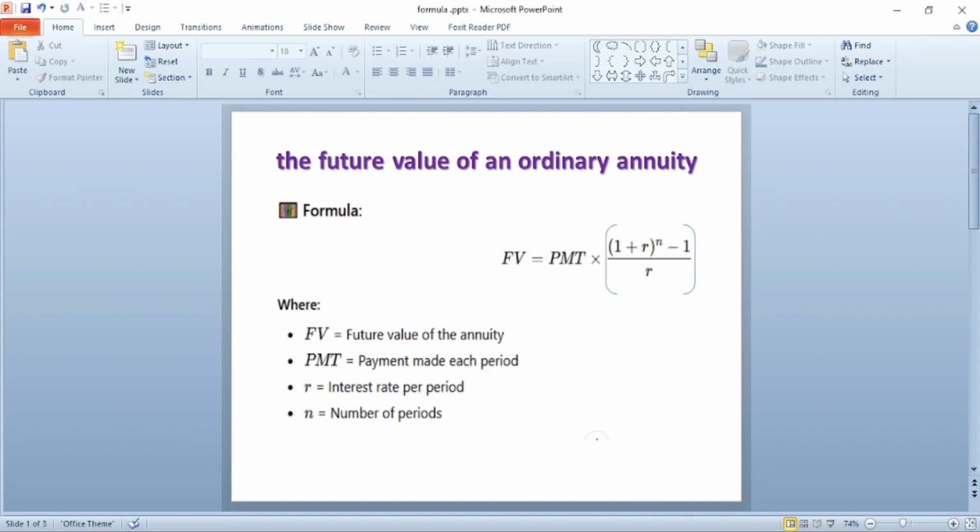The future value of an ordinary annuity is equal to the payment made in each period, or regular payment, times, in the parenthesis, 1 plus R, close the parenthesis, the power of n, minus 1, divided by R. So the formula is like this.